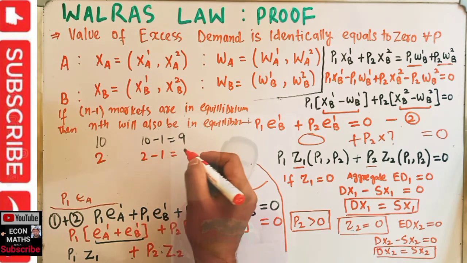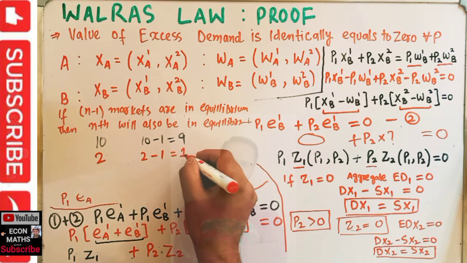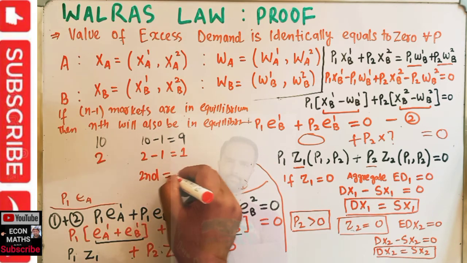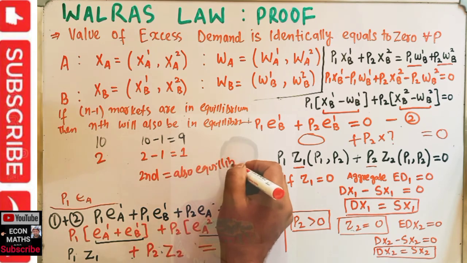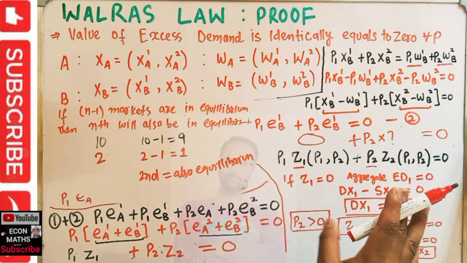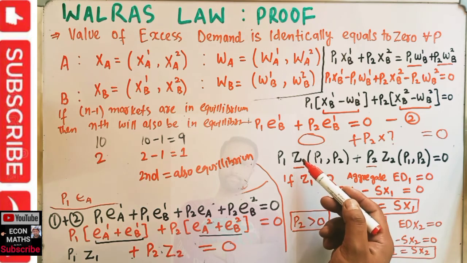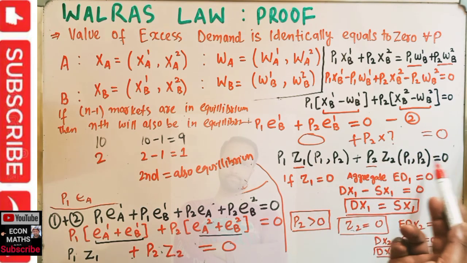If 2 minus 1 markets are in equilibrium, that means the first market is in equilibrium, then the nth, that means the second market, is also in equilibrium. Since we have only two markets here, we have seen if the market for good 1 was in equilibrium, the market for good 2 was automatically in equilibrium.